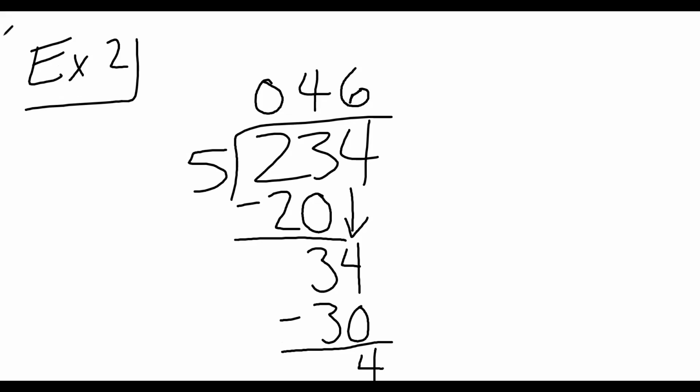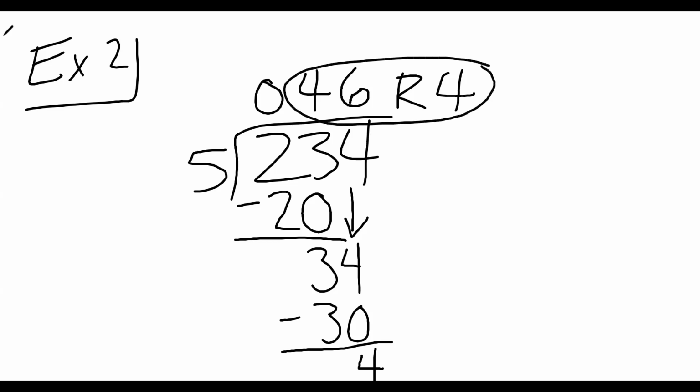Do I just leave it there? Remainder, yep. So I have 46 with a remainder of 4. We're working with remainders right now. We're not doing decimals yet. That's how you're going to be doing those ones for this lesson.